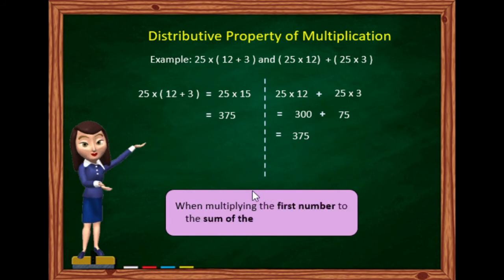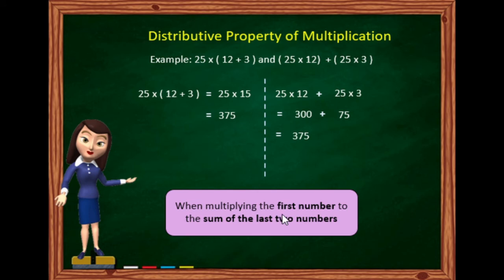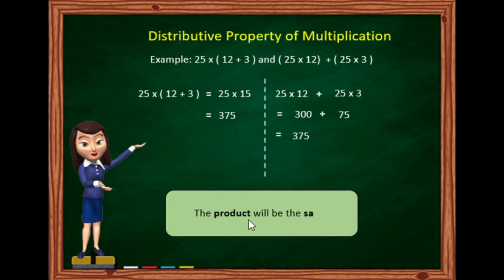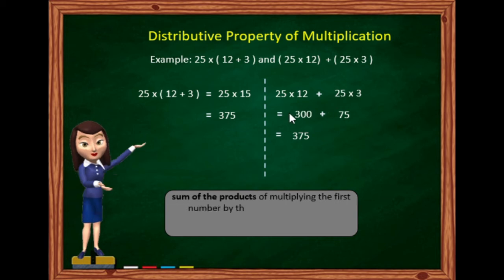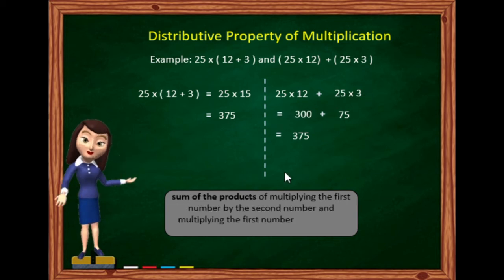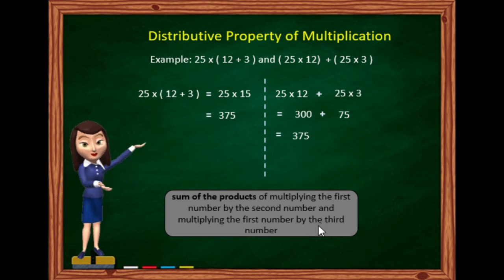When multiplying the first number to the sum of the last two numbers, this is the first number and this is the last two numbers, the product will still be the same as the sum of the products of multiplying the first number by the second number and multiplying the first number by the third number.